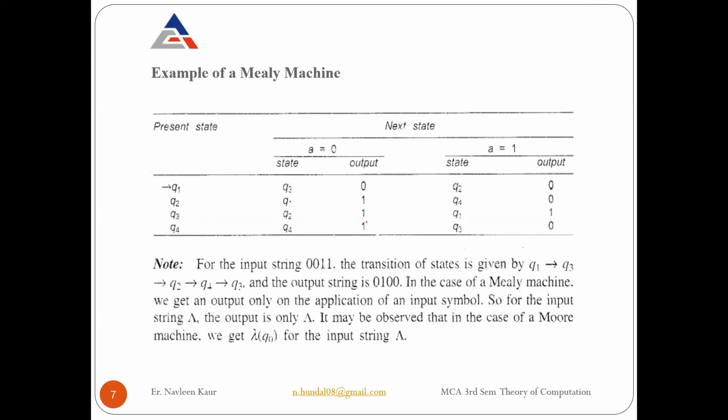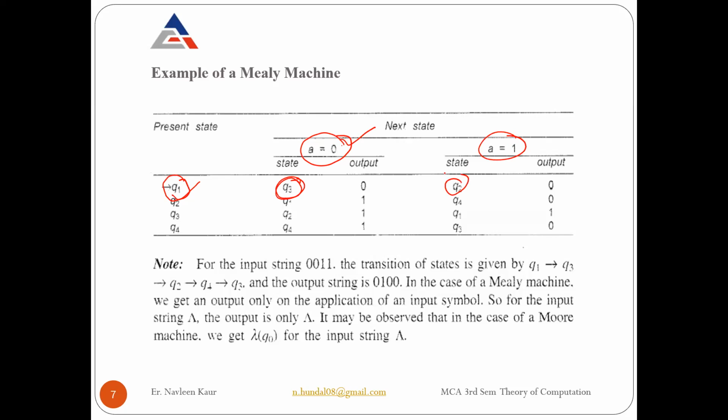Okay. So can you see here, if the current state is Q1 and input is 0, the state is always changing. It was changing for Moore also. For 0, the state was something else, and for 1, the state was something else in case of Moore also.